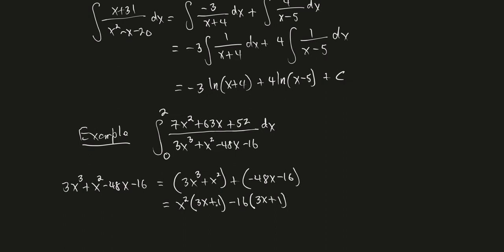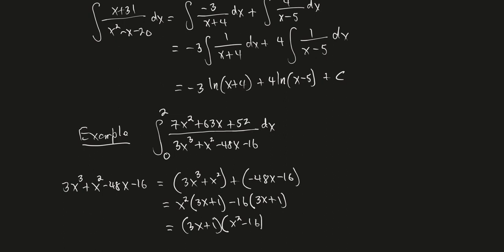And whenever you see the same factor in parentheses show up, then you know that, okay, yep, this method works. Sometimes it doesn't work, and you have to try something else. So we can now factor out 3x plus 1, and then that leaves me a factor of x squared minus 16.